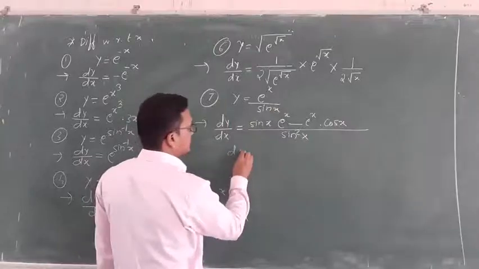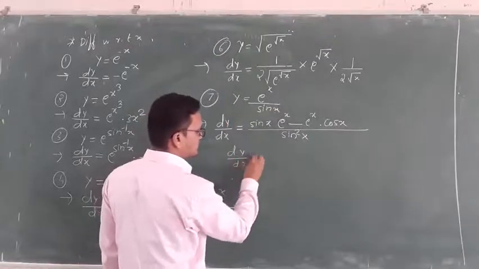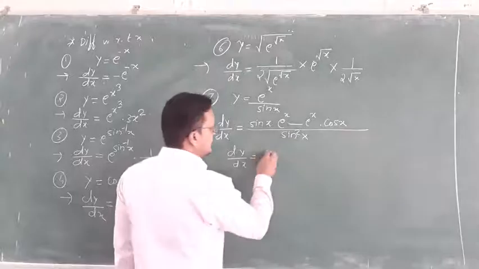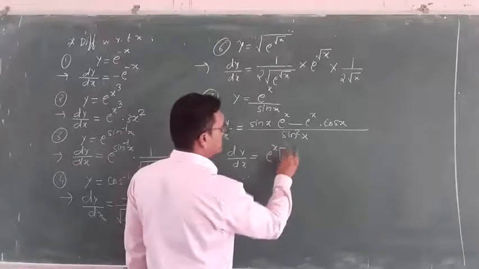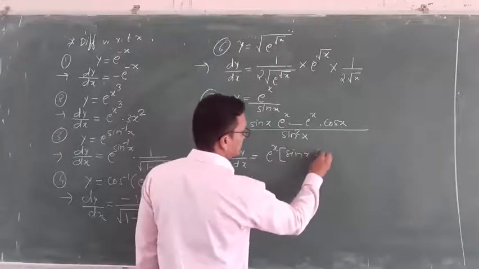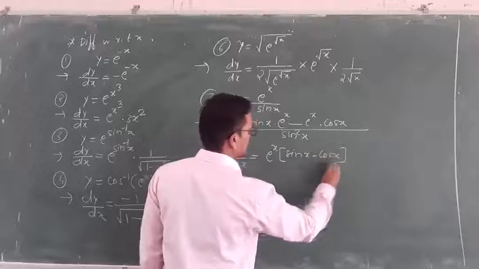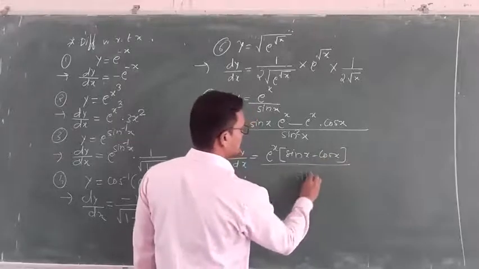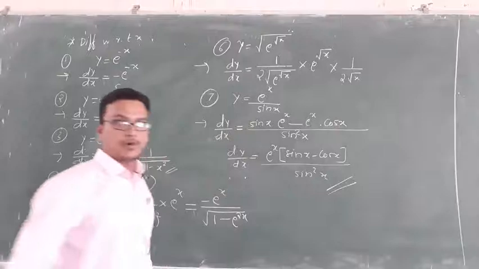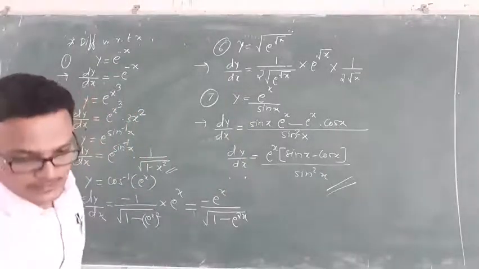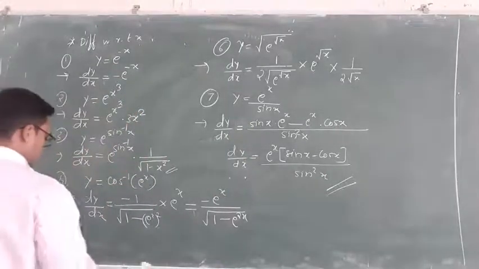So here dy by dx is equal to, you can simplify. In this e to the power x is common, so what is left? Sin x minus cos x divided by sin square x. Okay, so this is the solution of this example.